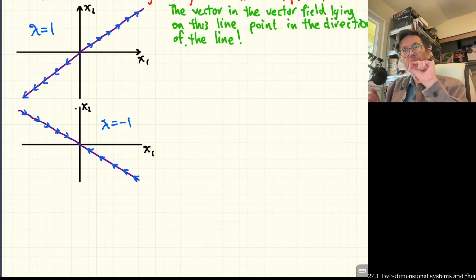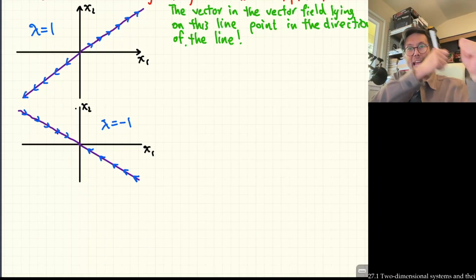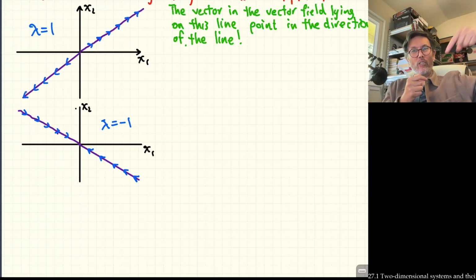Because plugging such points which lie on the purple line into Px gives you negative x, which is the vector that points in the opposite direction.